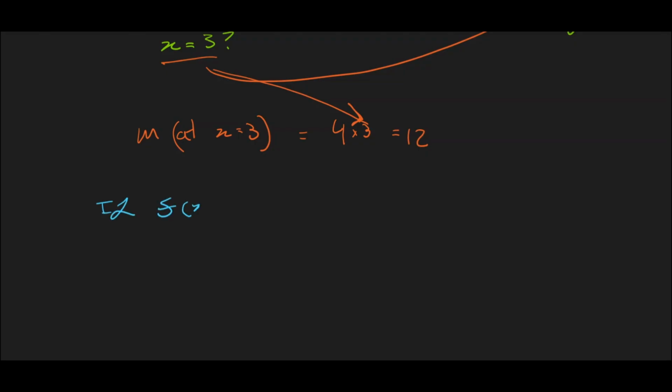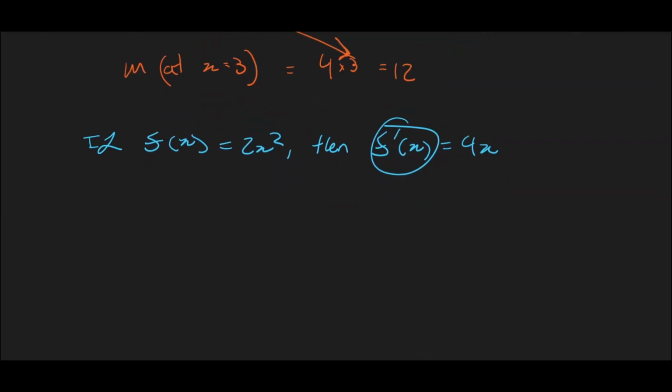If f of x equals 2x squared, then f prime of x equals 4x, right? F prime of x, that's the notation for the derivative function, for the gradient function, for the rate of change function.